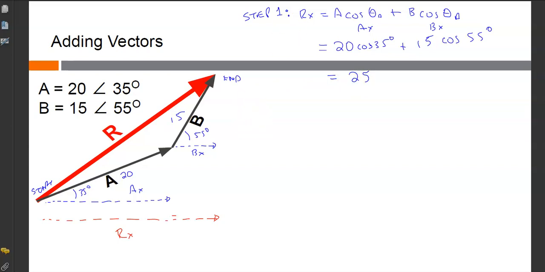All right. Step 2 is very similar, except now I want to find the height of this one and add the height of this one. This would be a sub y, and this would be b sub y. And when I add those together, I'm going to get the total height.